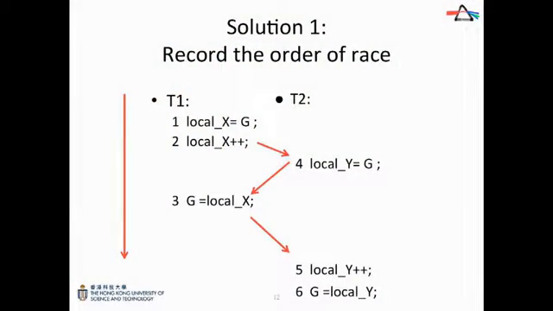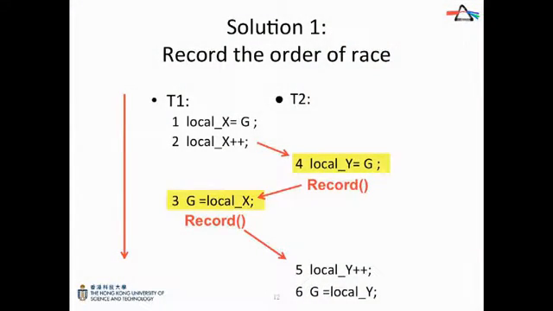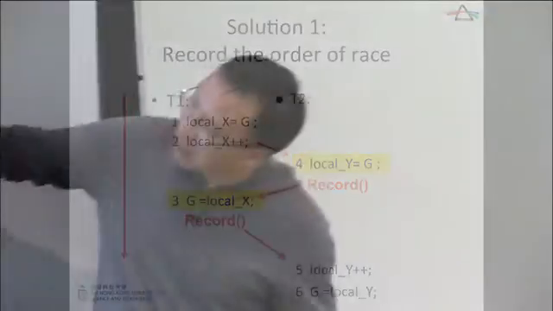All right, so let me just illustrate the solution. The first solution is a very intuitive solution, that we can just record the order of race directly, right? So if the order is important, let's just record the order. So here, suppose that the order is that statement 4 happens before statement 3.